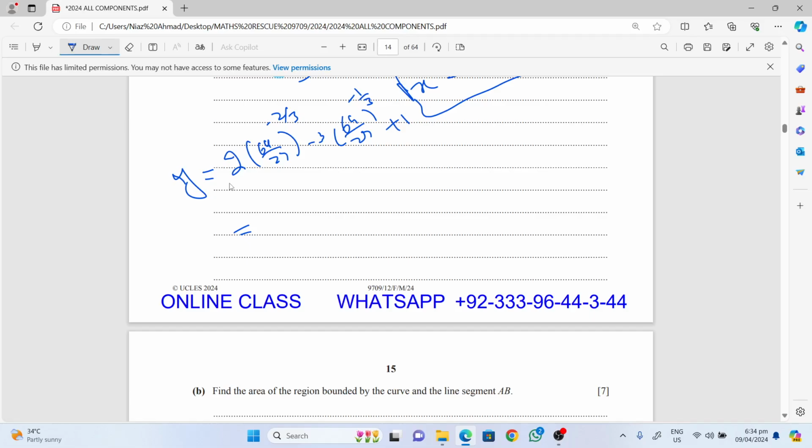Use your calculator and get your answer is minus 1 by 8. The coordinates of M will be 64 by 27 and minus 1 over 8.